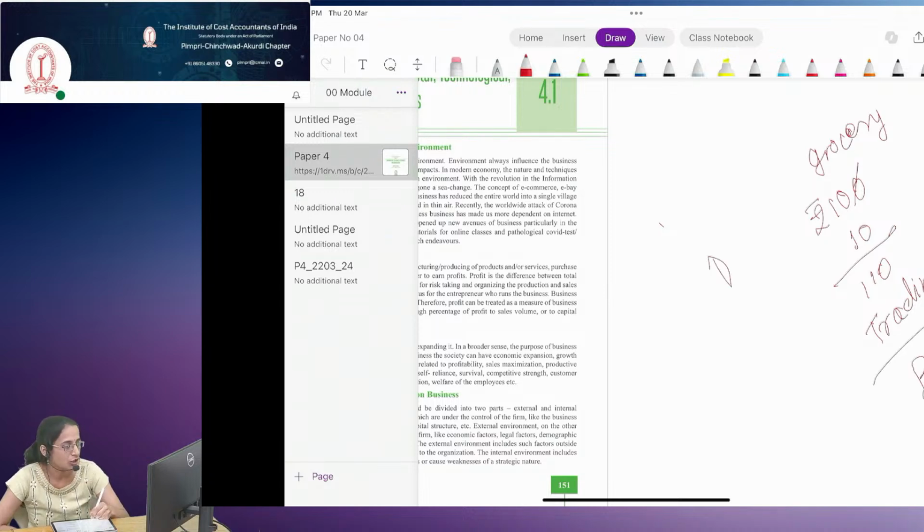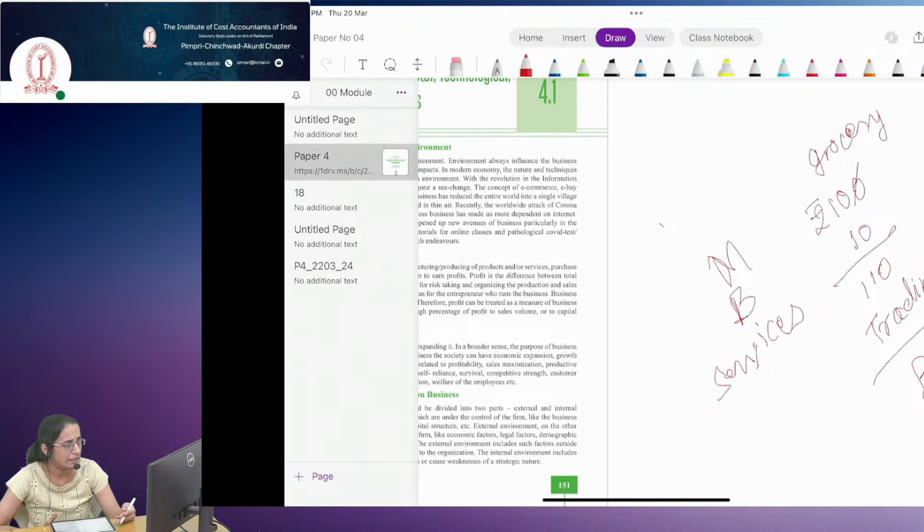And manufacturing, what we know, bringing raw material and converting it into finished goods, is also a business. Then what else can be under the business? Services. Any kind of services which are provided, like doctor, lawyer, any other services, could also be treated as a business. Another thing, what? Marketing.